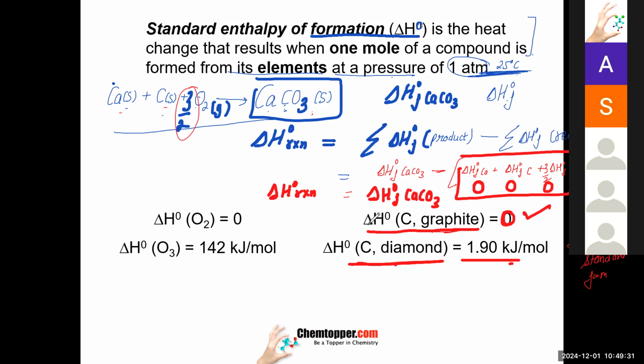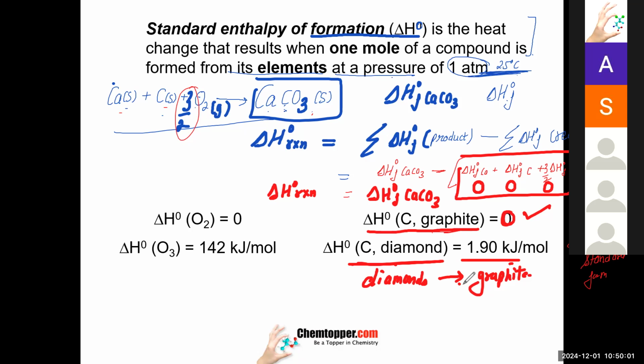You are going to learn that diamonds are very slowly getting converted into graphite. The rate is not very fast. So if you have diamond, maybe in a million years that diamond will be graphite. But graphite to diamond, no.